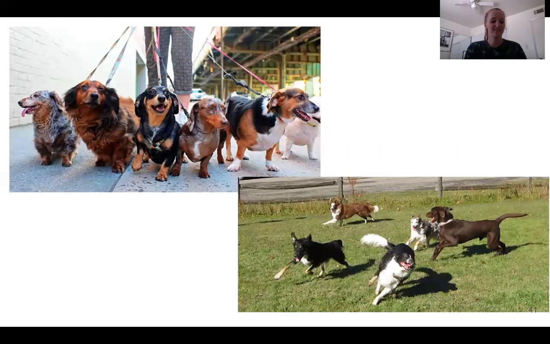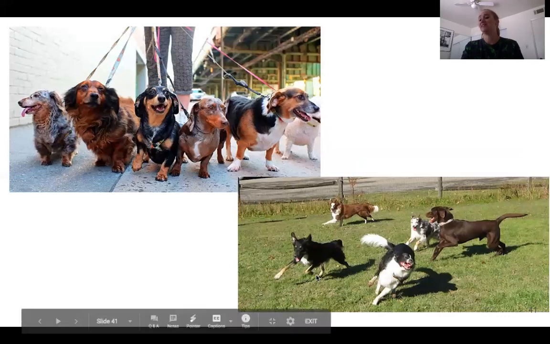So here is an example. Number 53 says give a real world example. Here we have these dogs, and these dogs are on leashes. They're having a good time walking around. They're very low in entropy, very ordered. There's no craziness. But then we see this other picture here, and the dogs are going crazy, a huge increase in entropy.